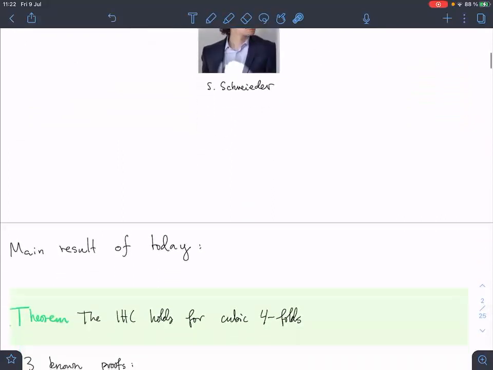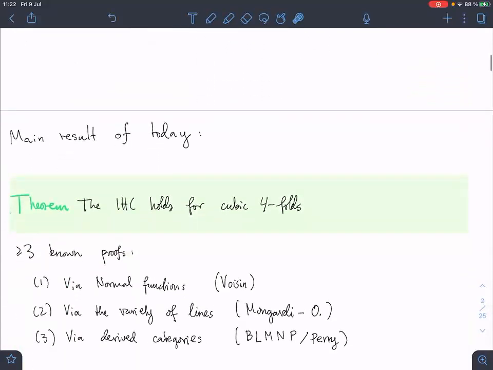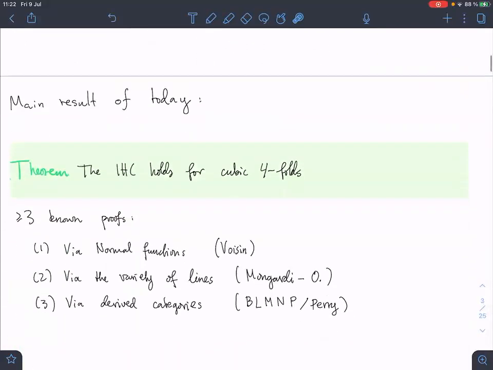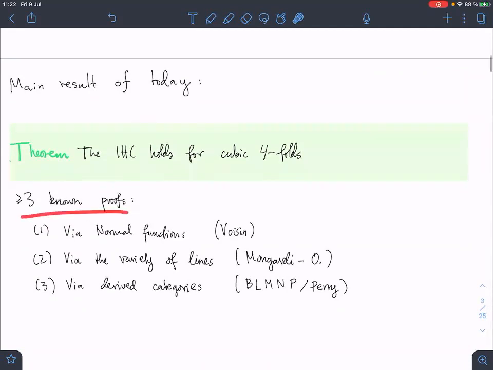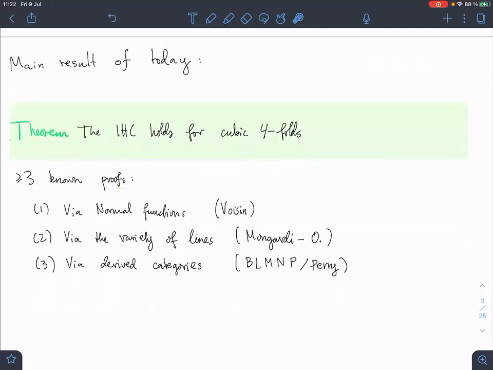Okay. So the main result of today would be a different proof than Emanuela's for the integral Hodge conjecture for cubic fourfolds. And there are at least 3 known proofs of this result. The result really is due to Claire Voisin.